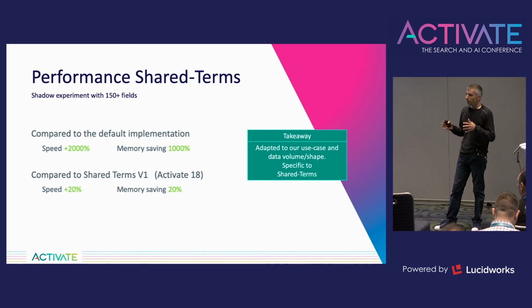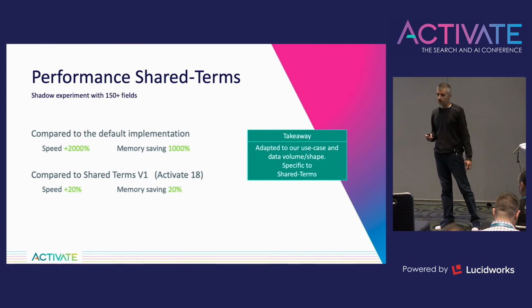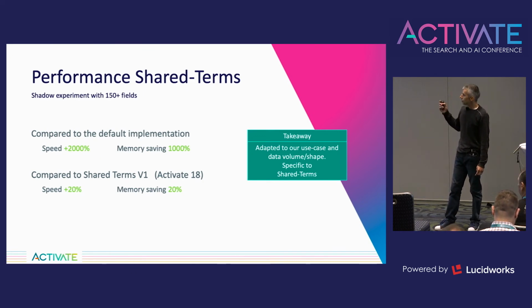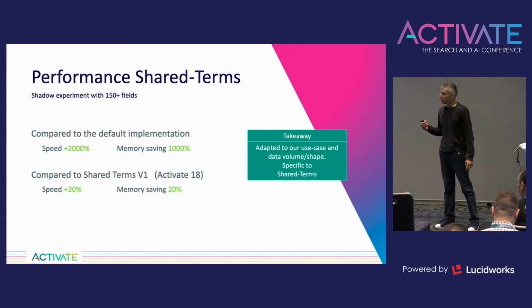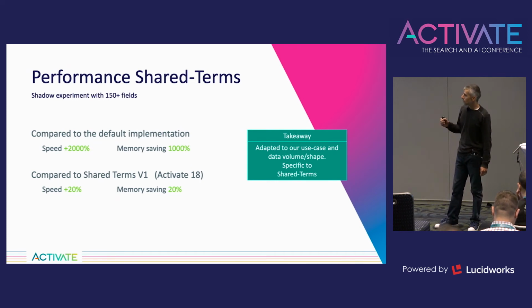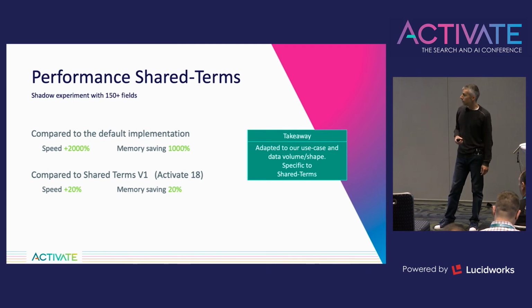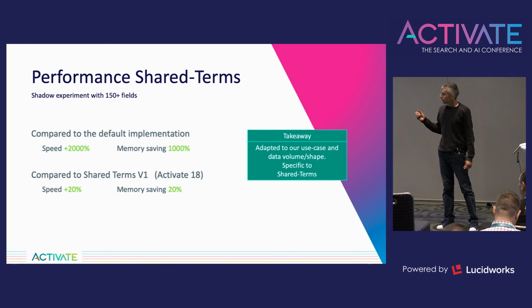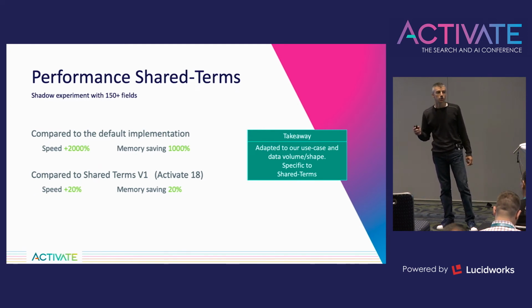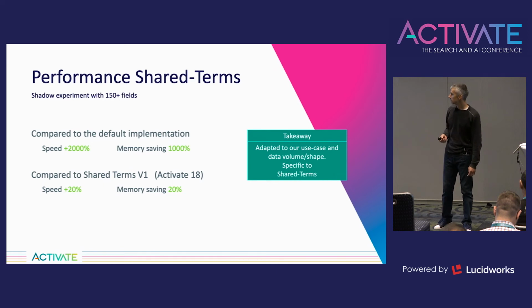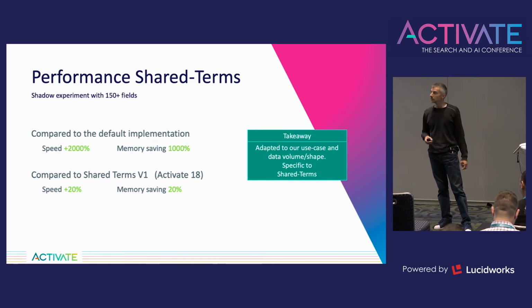We were in the context of shared terms, so many 150 fields, and we used our data volume, data shape. We compared with the standard default implementation with the regular Lucene index. The speed and memory saving is huge, as expected. We also compared with the V1 version we presented last year at Activate 18. And we also gained significantly on both speed and memory.